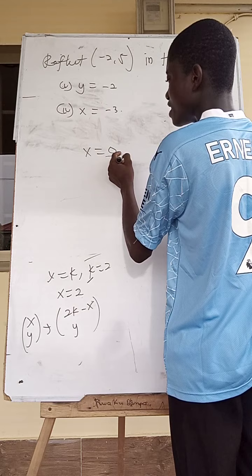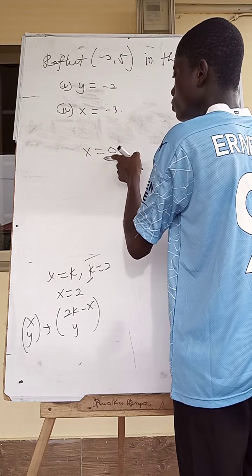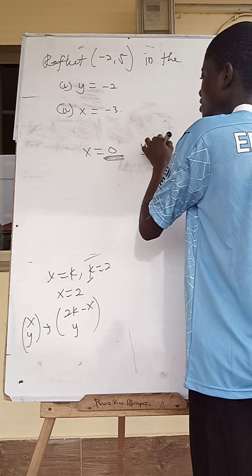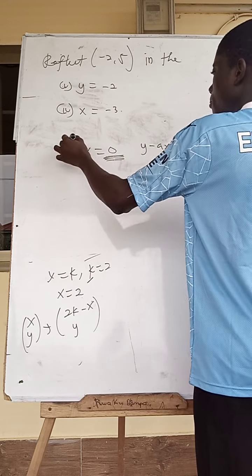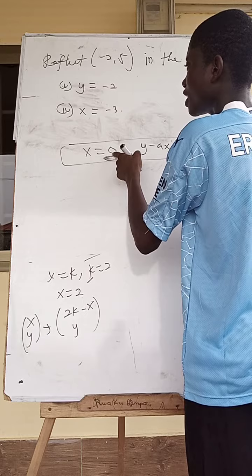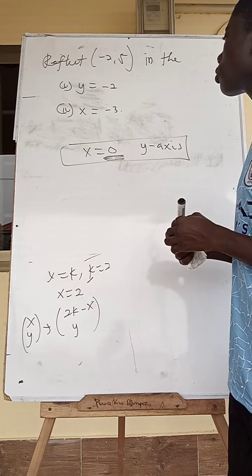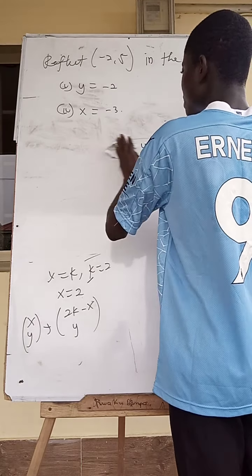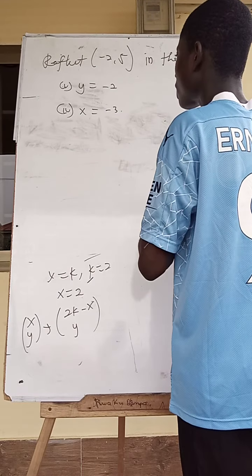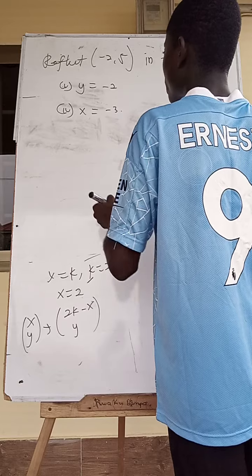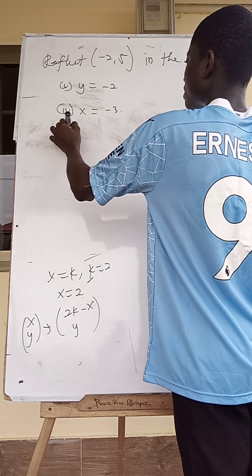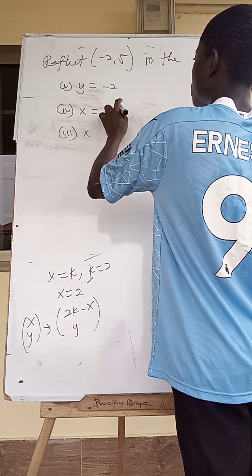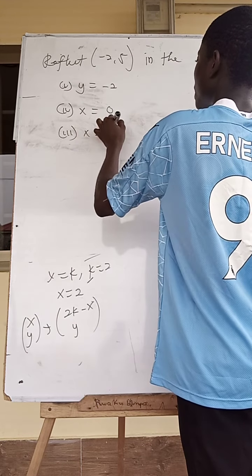When the constant value here is 0, the line x equals 0 is reflection in the y-axis. But if this side we are having a number, whether a positive or a negative integer, know that that one uses a different approach from the one we have been dealing with. So let me just add 1 to it. X equal 0 before I bring the x equal negative 3.